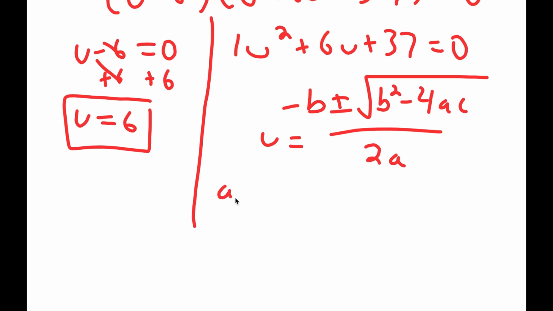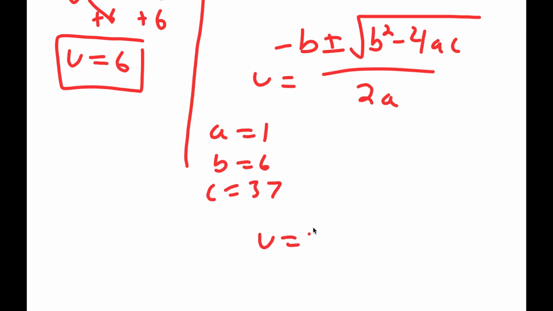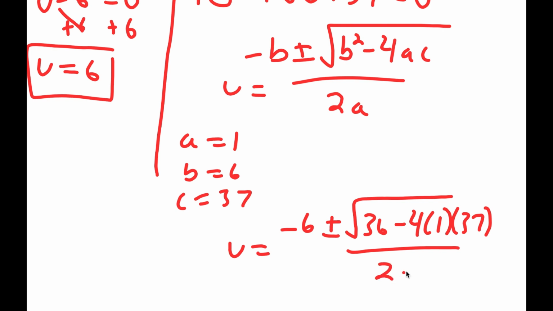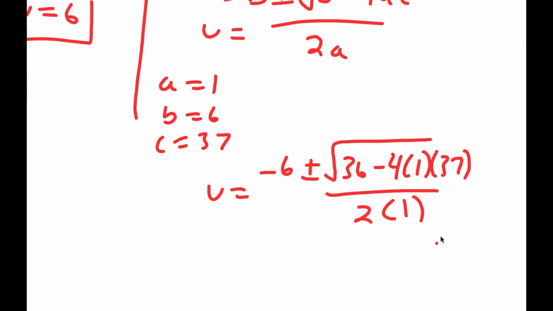In this case, a is 1, b is 6, and c is 37. So I get u is equal to negative 6 plus or minus the square root of 6 squared, which is 36, minus 4 times 1 times 37, all over 2 times 1.